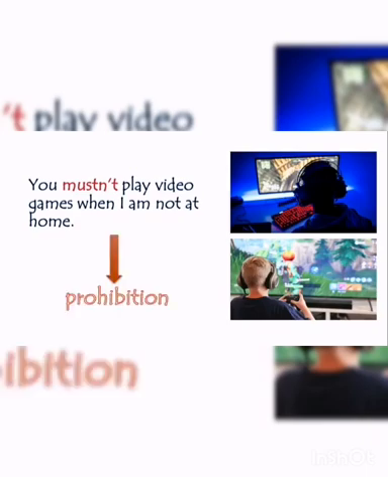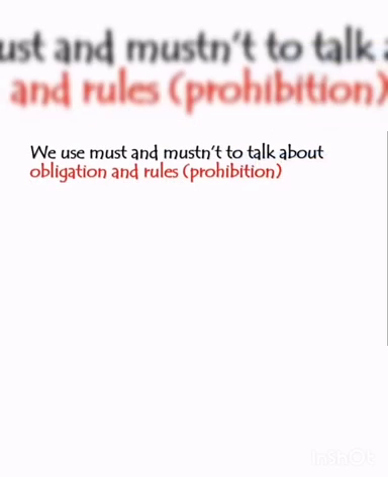You mustn't play video games when I am not at home. As you can see, it's a rule that he must follow. That's why mustn't is expressing prohibition. So, we use must and mustn't to talk about obligations and rules or prohibition.